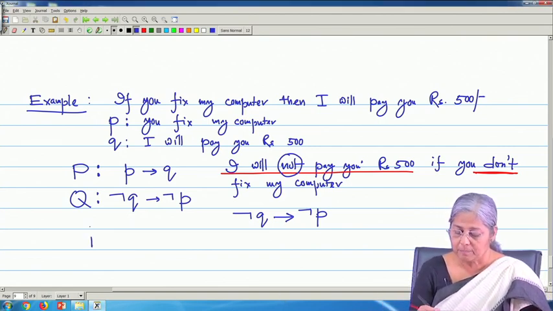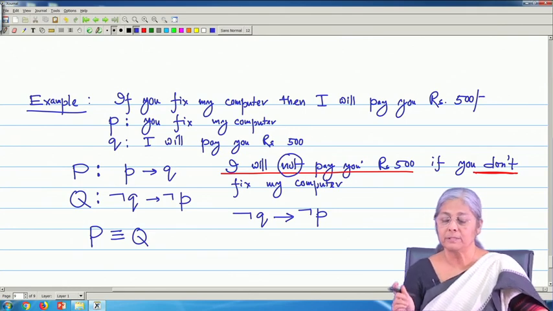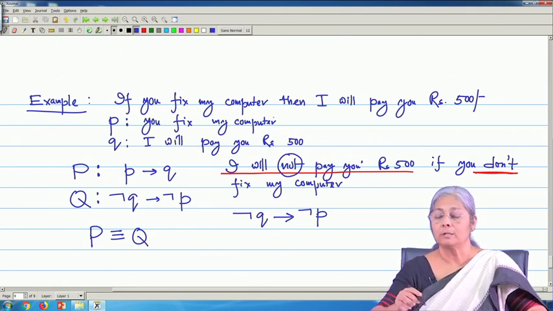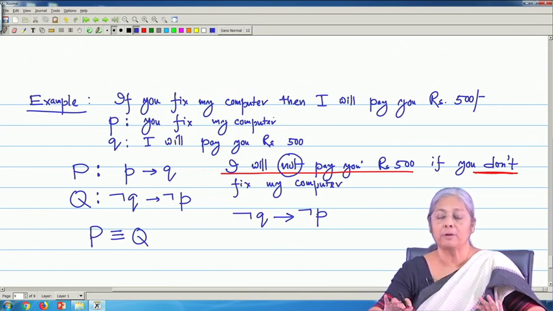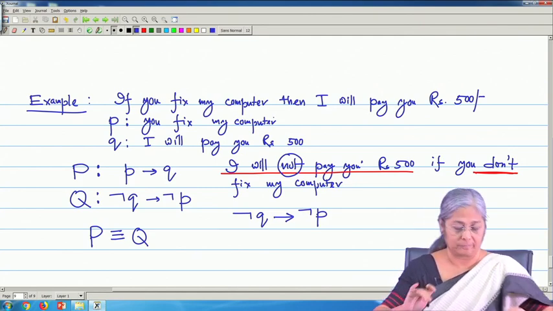That means P implies Q is equivalent to negation Q implies negation P: if you fix my computer then I will pay you rupees 500, or I will not pay you rupees 500 if you do not fix my computer. They are logically equivalent.